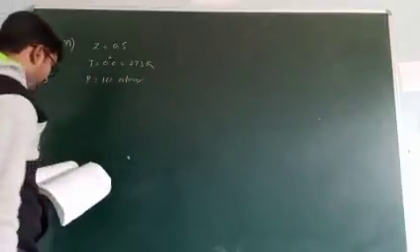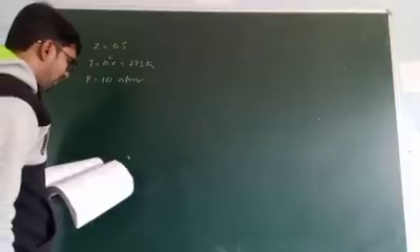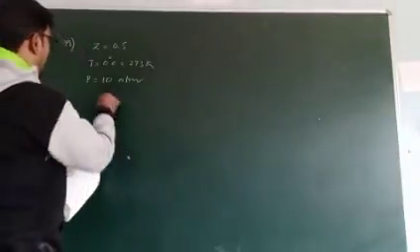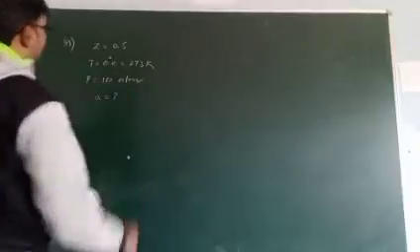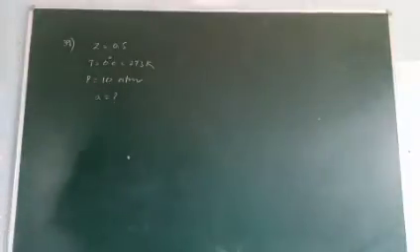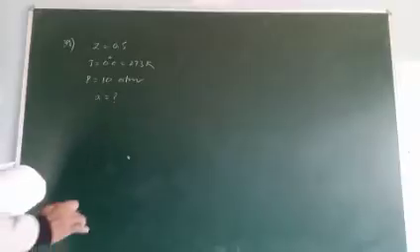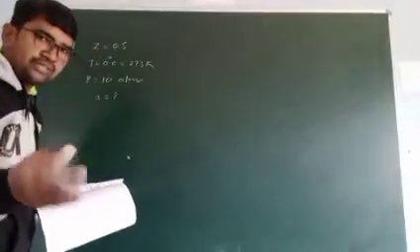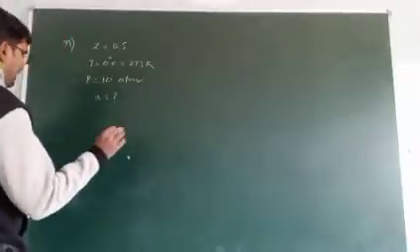Assuming the volume of gas molecules negligible, so V is given directly. Calculate the a value. In this case the volume of the gaseous molecules is negligible, so the b value is not there.